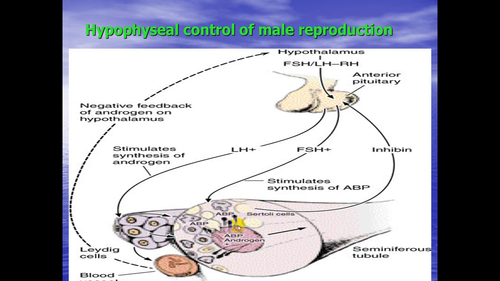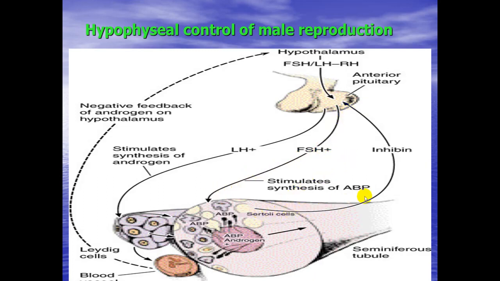Sertoli cells in the seminiferous tubules also have an influence on the gonadotroph cell. I told you that it produces the hormone inhibin. Not in very low concentration, but it is so. So the hormone inhibin decreases the production of the second hormone of the gonadotroph cells, follicular stimulating hormone.